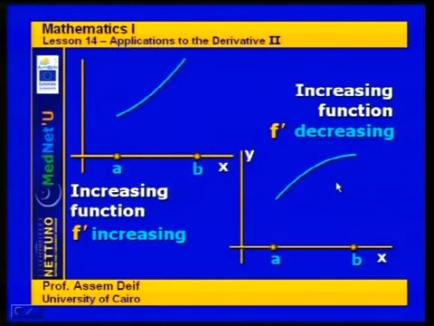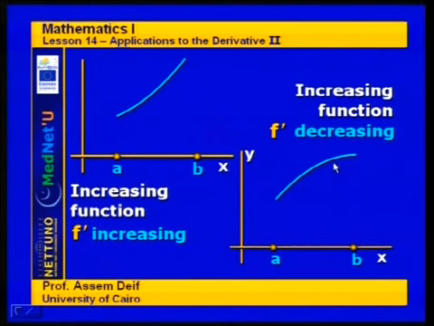So in fact, in the literature, in European books, I suppose, this is called convex, and this is called concave. In the Eastern bloc, I'm sorry, they call this convex upwards and this convex downwards. Whereas in the American books, I suppose this is called concave upwards, and this is called concave downwards.